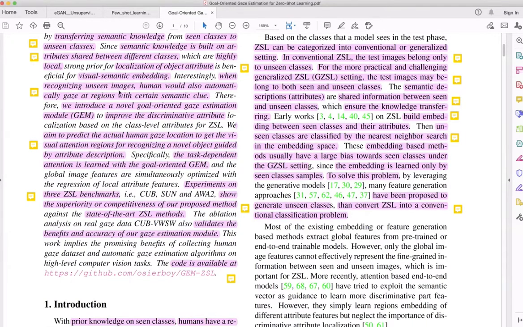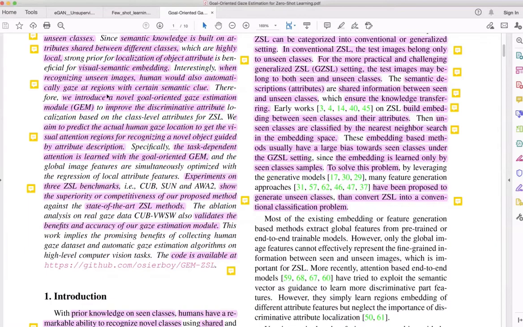When recognizing unseen images, humans will also automatically gaze at a region with a certain semantic clue. Deep learning models do this implicitly, even without us telling them to learn semantic attributes. For instance, in our work on the insulator classification, what the model does is it tries to find distinguishing features between the different classes, which are the attributes that attention is paying to.